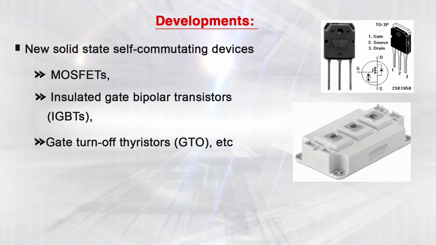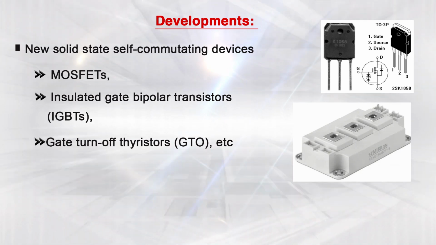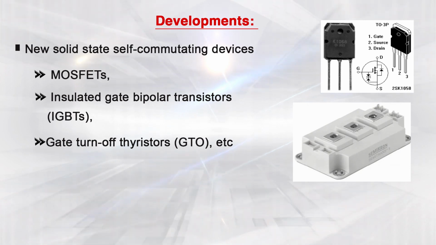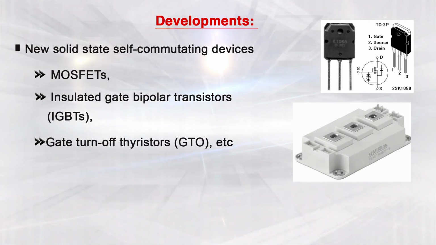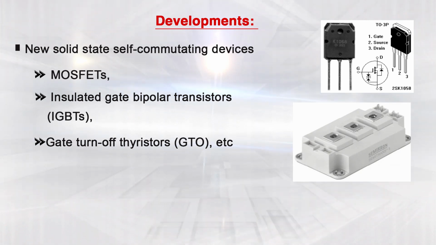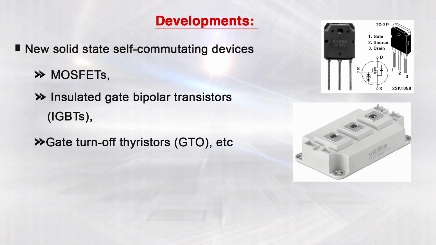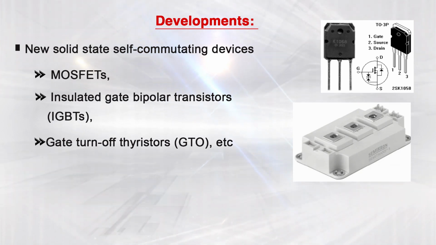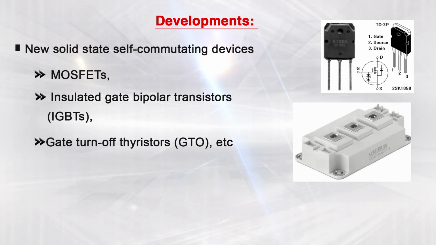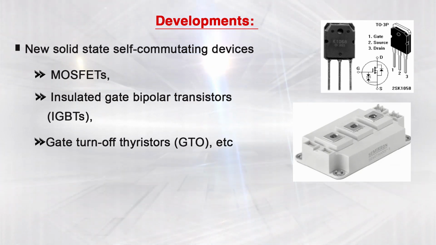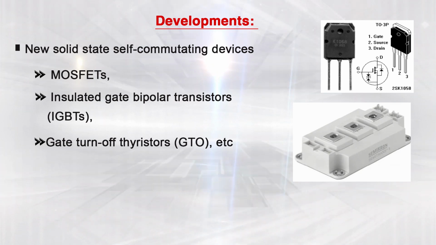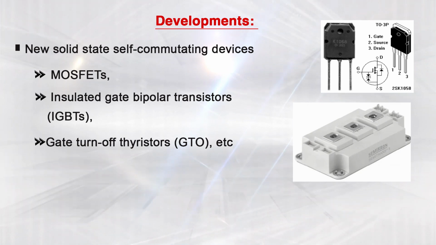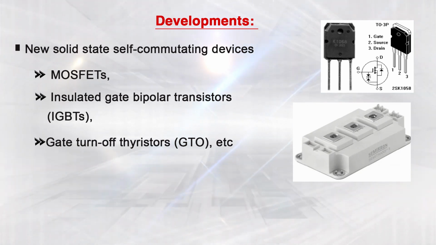Generally, in three phase there are 3 legs, and in one leg there are 2 devices. Both devices are mounted in a particular stack, and we make this IGBT module. At the upper side you can see the MOSFET, which has 3 terminals. These types of devices are used to make these improved power quality converters.